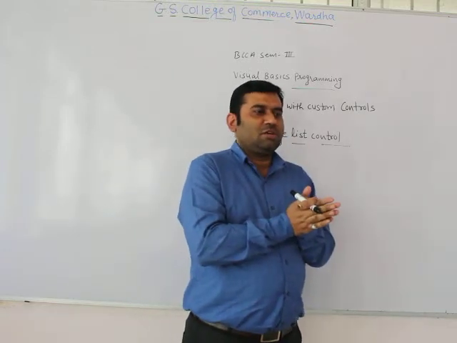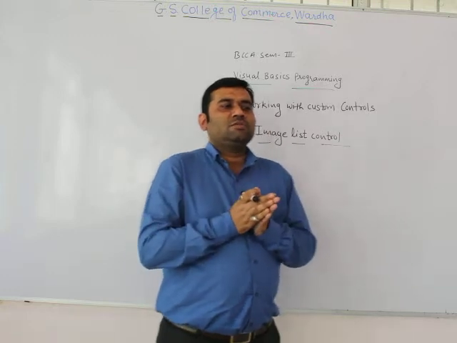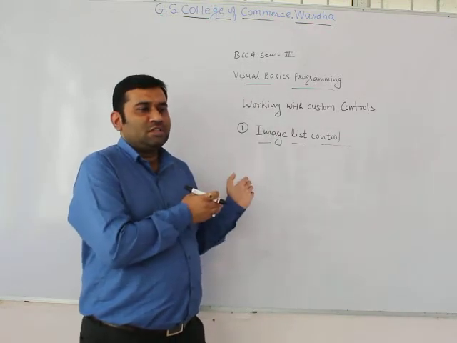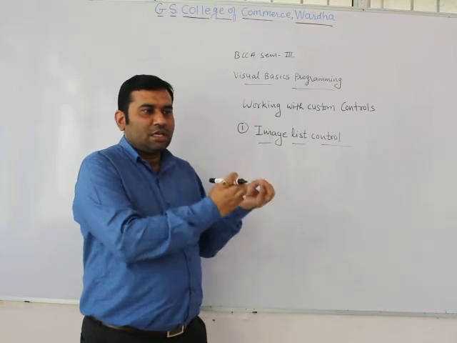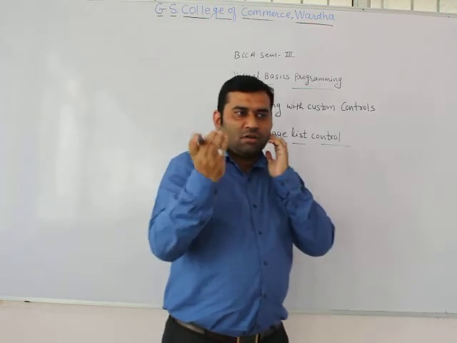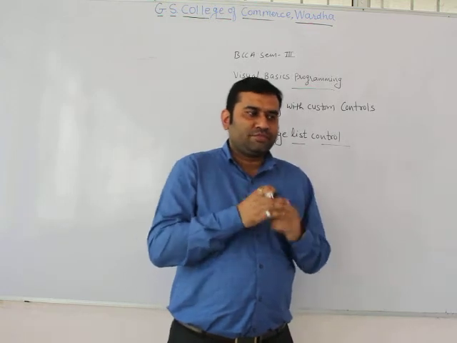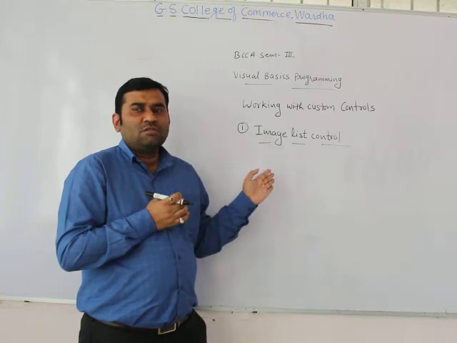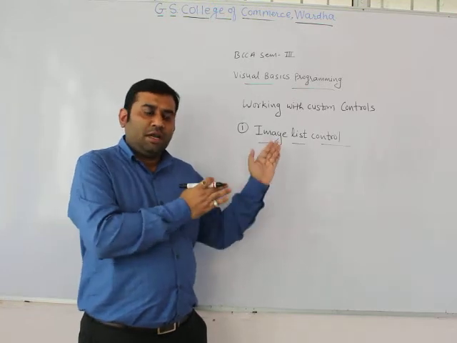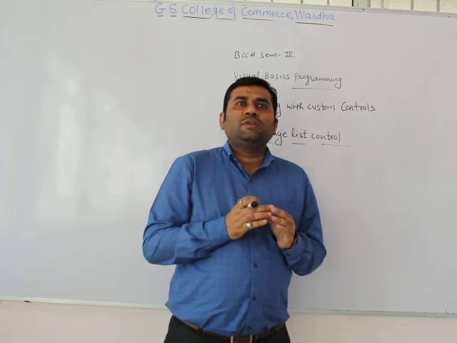Scroll down the list in the box, and Microsoft Windows Common Controls 6.0 is visible. Click on the check box to select the component, and all the components show in the toolbox. The toolbox is available on the left side of the Visual Basic form.